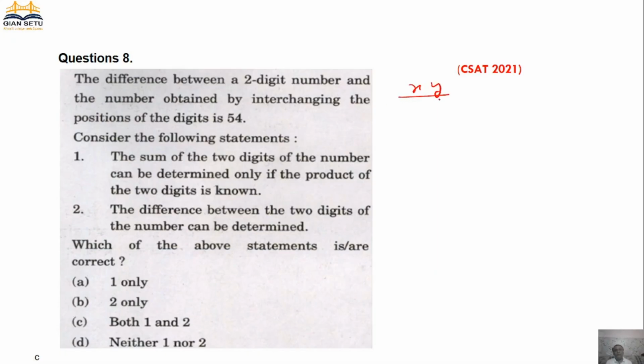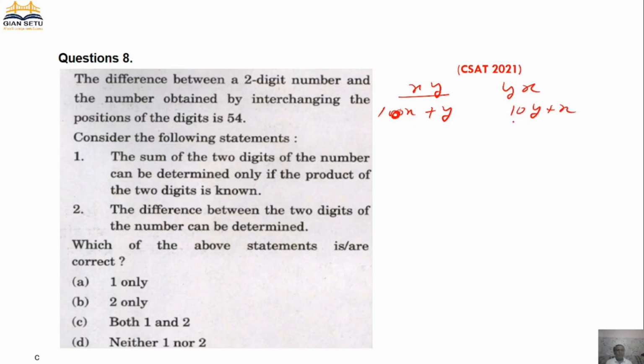Now if we interchange its digits, then the number becomes yx. Let's write these numbers in the expanded form. It will be 10x plus y, and here we have 10y plus x.